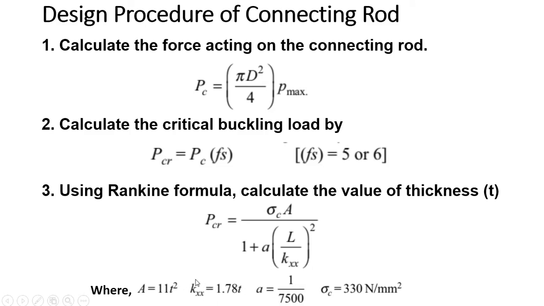Kxx we already determined in the last part. Again, this constant a is 1 by 7500 for a particular case, and in this case we have taken mild steel, so a will be equal to 1 by 7500. Otherwise it can be 1 by 9000 depending upon the material. Sigma c is the compressive stress, which we have taken as a standard value, that is 330 megapascal.